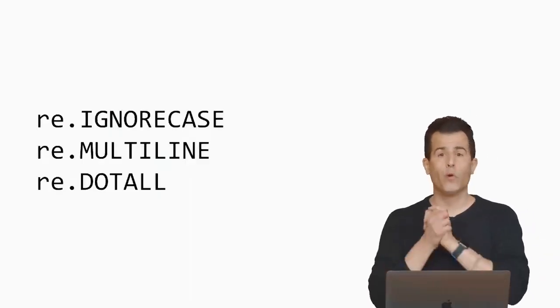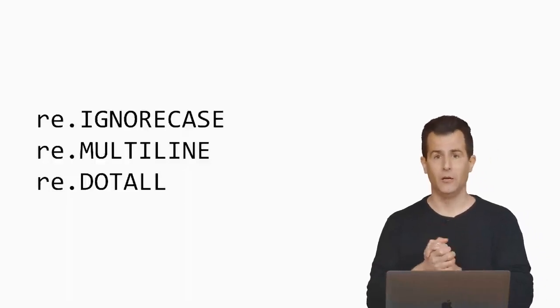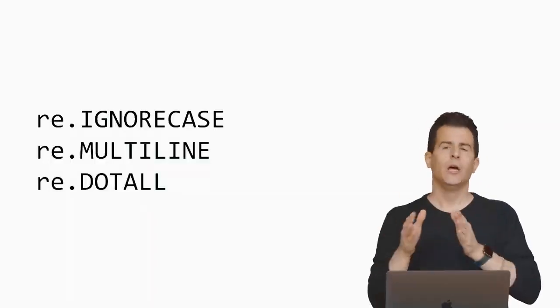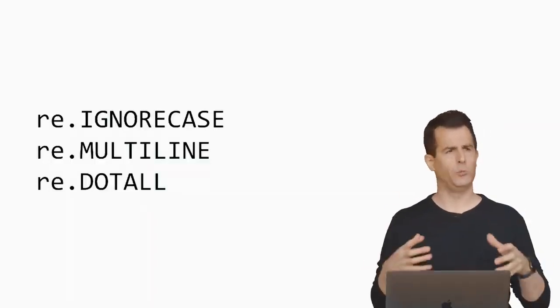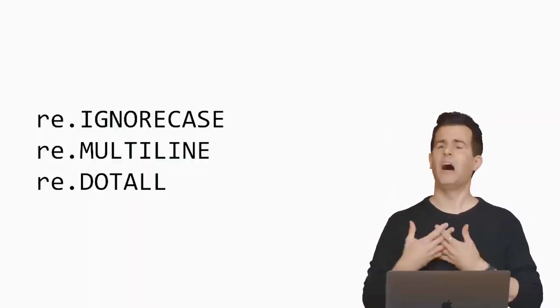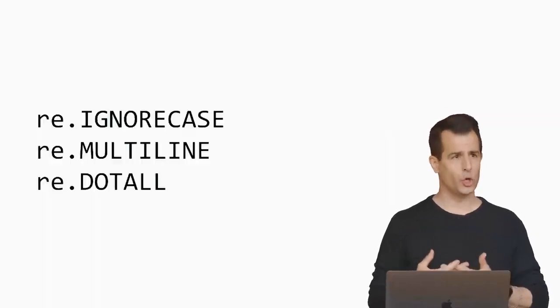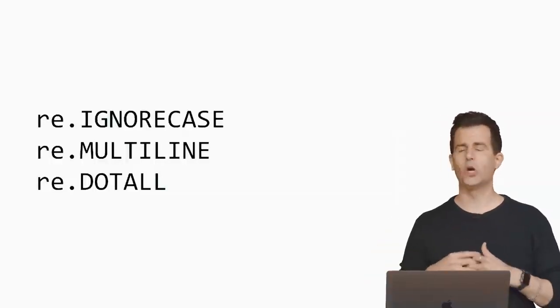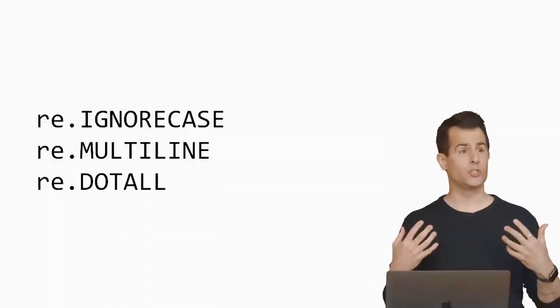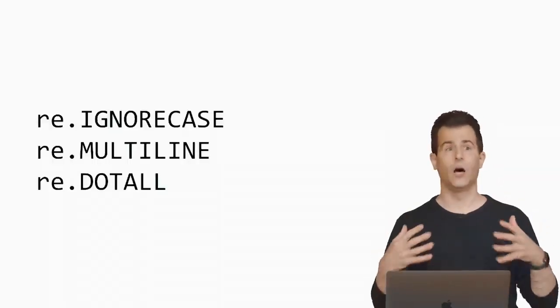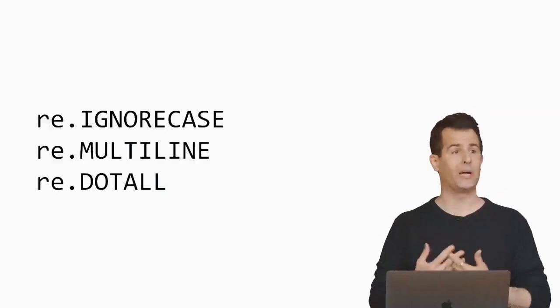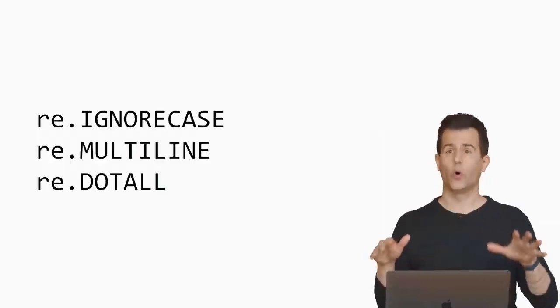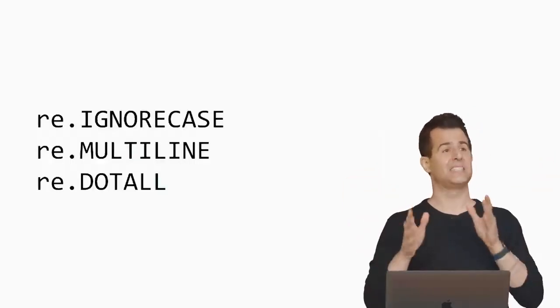It turns out that the regular expression library in Python, aka RE, comes with a few built-in variables, so to speak, things that you can think of as constants that have meaning to re.search, and they do so as follows. If you pass in as a flag re.ignore case, what re.search is going to do is ignore the case of the user's input. It can be uppercase, lowercase, a combination thereof. The case is going to be ignored. It will be treated case insensitively.